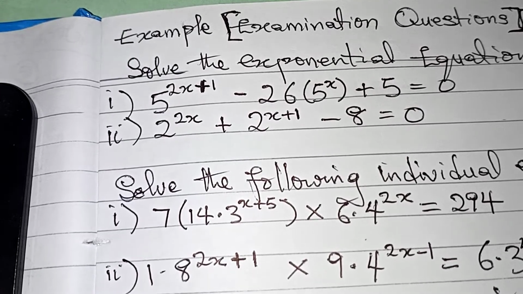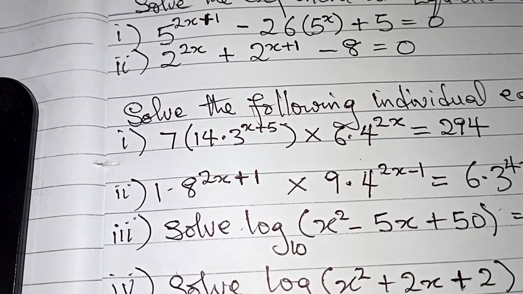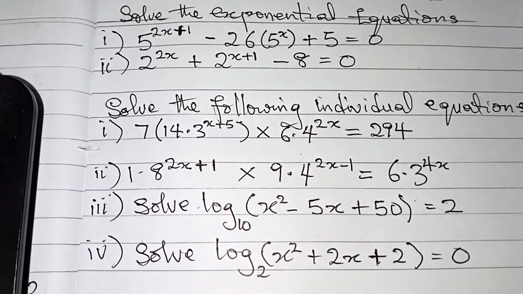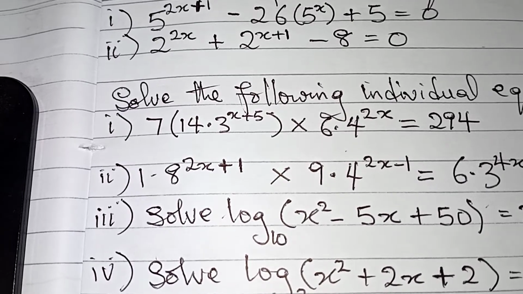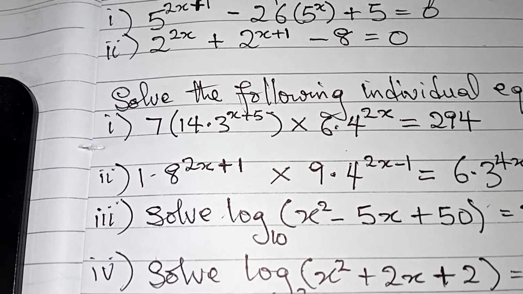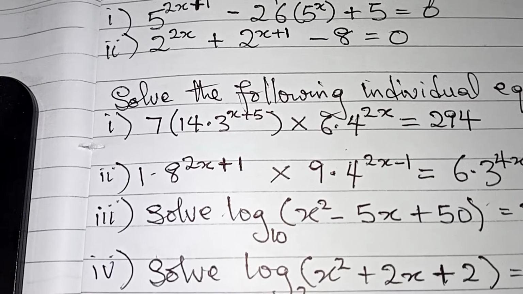So questions 1 and 2 under solving the exponential equation will help us bring out the points on logarithmic expressions and how they can be introduced and used to solve for a variable having powers. So stay put as we solve number 1.